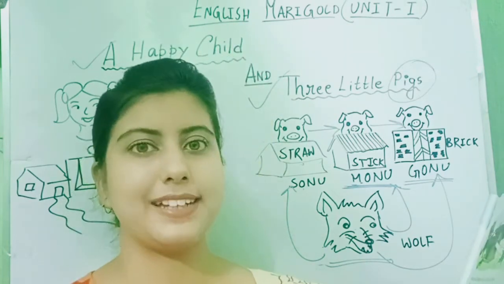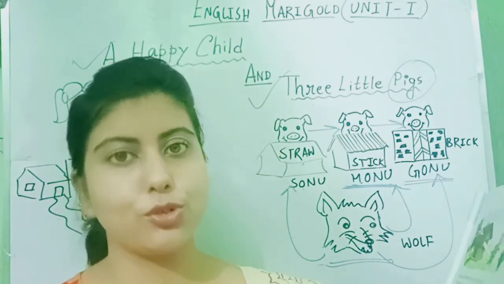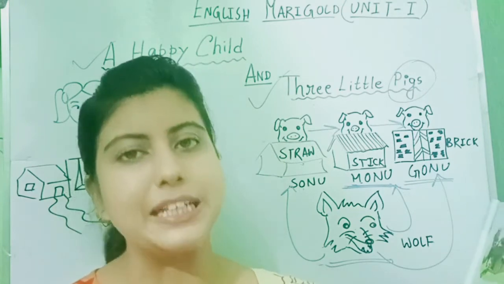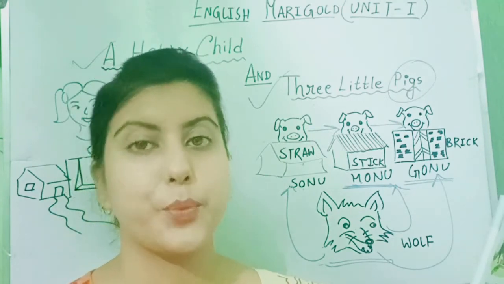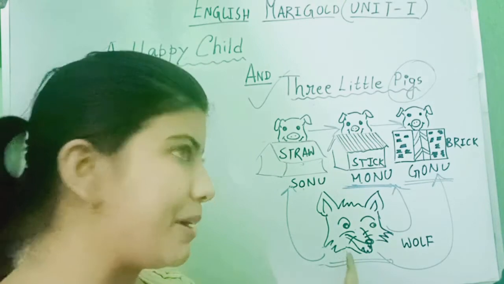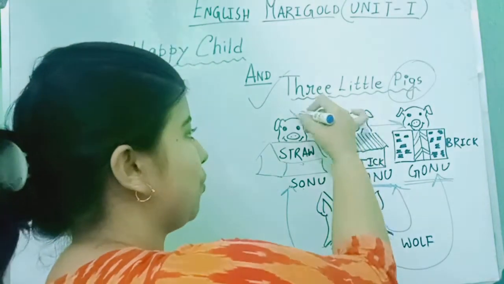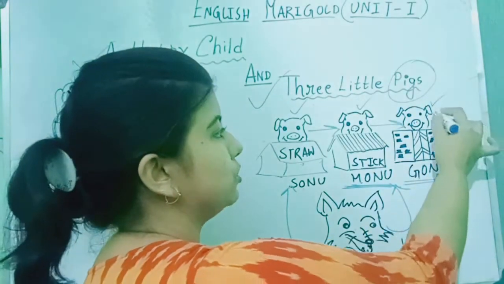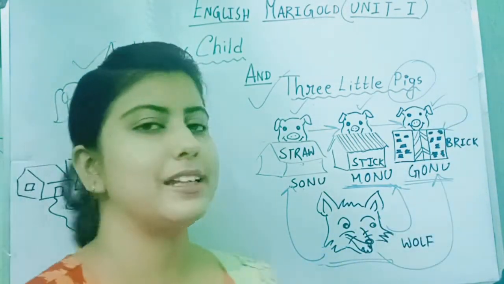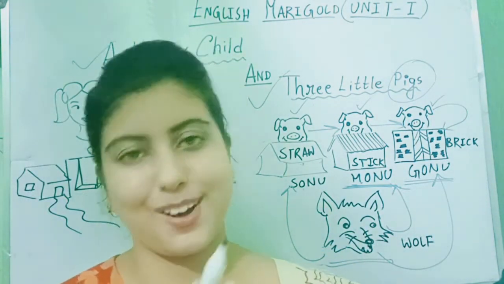The wolf went away, and Sonu, Monu and Gonu lived happily together in the red brick house.